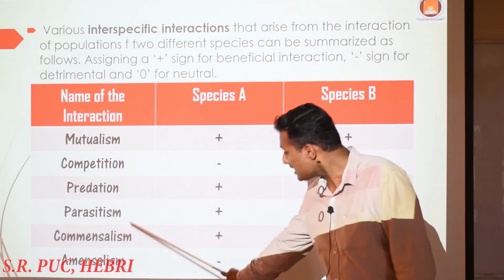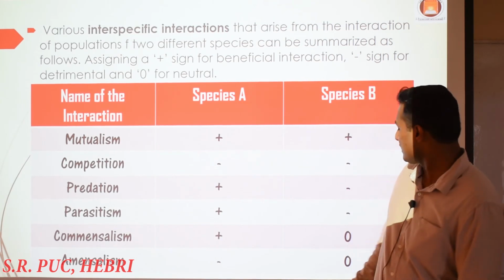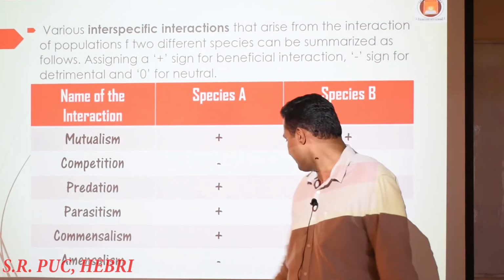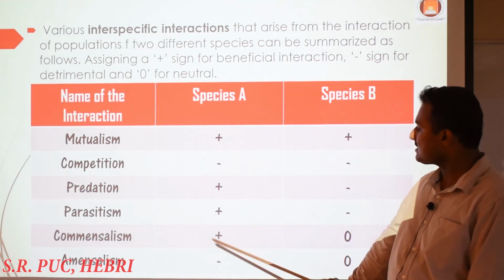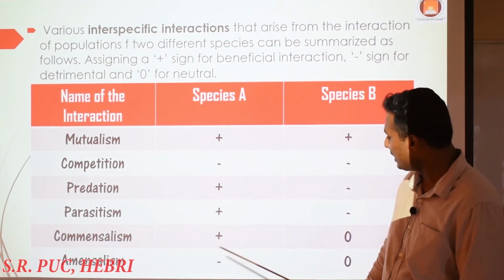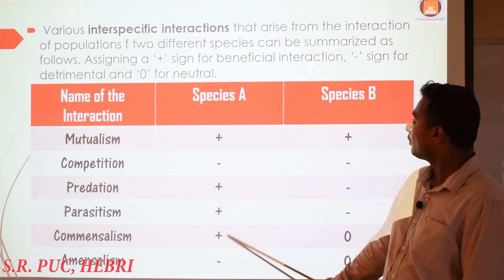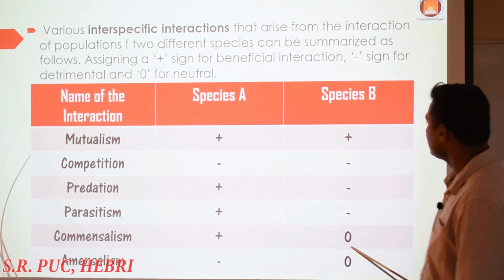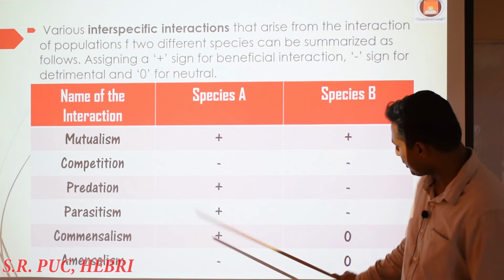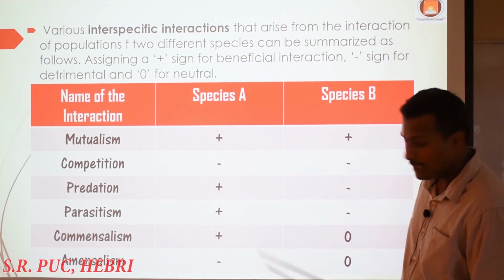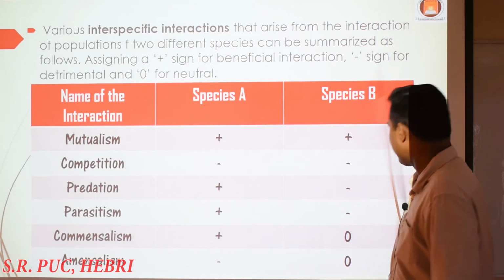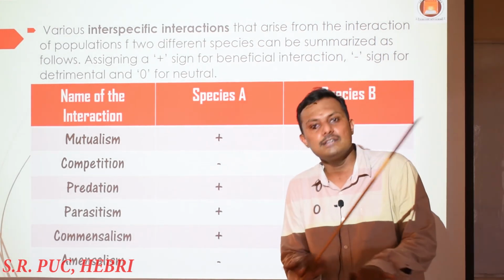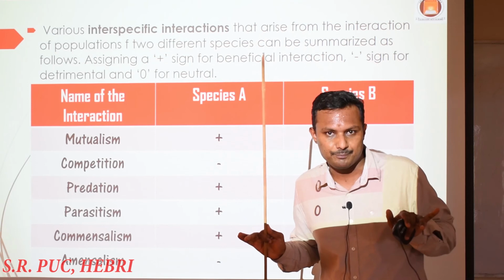Commensalism and amensalism are similar, with a slight difference. In the case of commensalism, when species A and species B are involved, one species gets benefited and the other remains neutral. Both participate in the interaction, but one of the two species is getting benefited, whereas the other is neither harmed nor benefited, right?